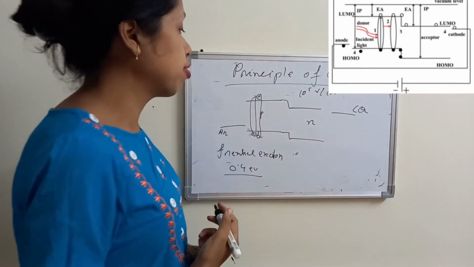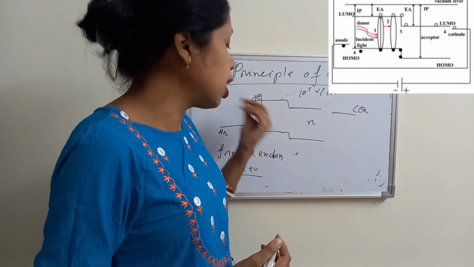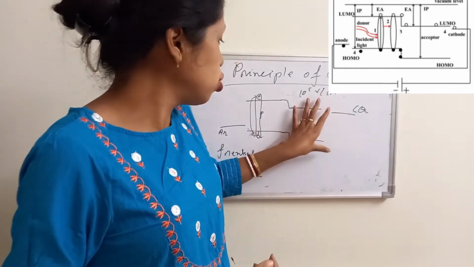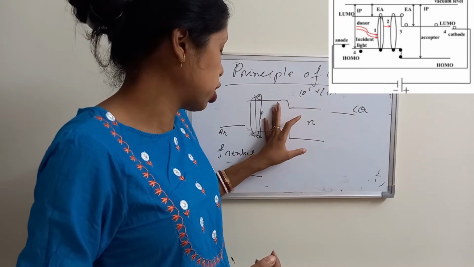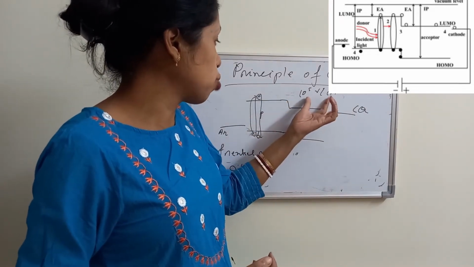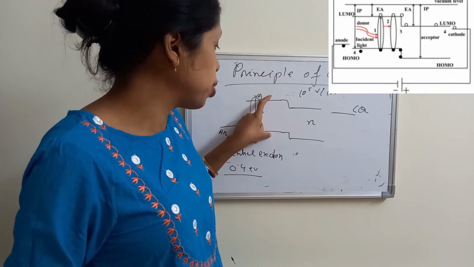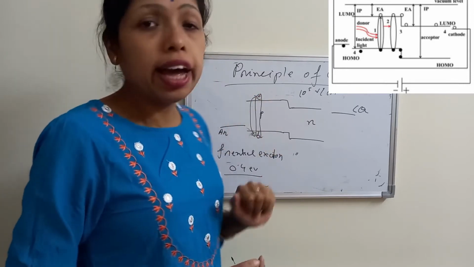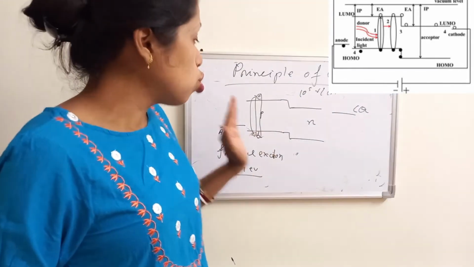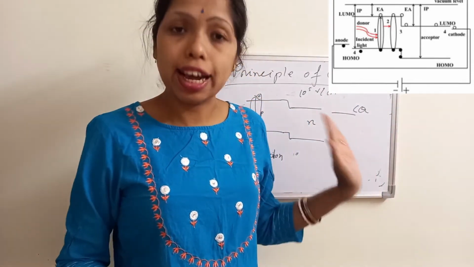If we only use the p-type semiconductor, such an electric field will not generate inside it. So to break the exciton, I need another n-type semiconductor.